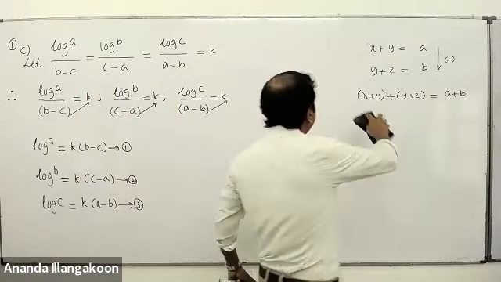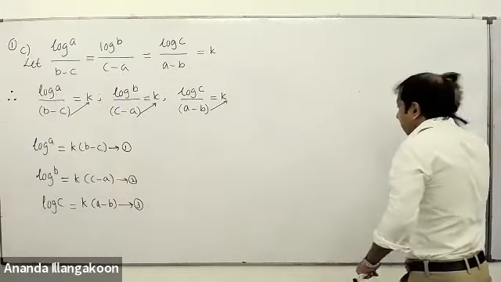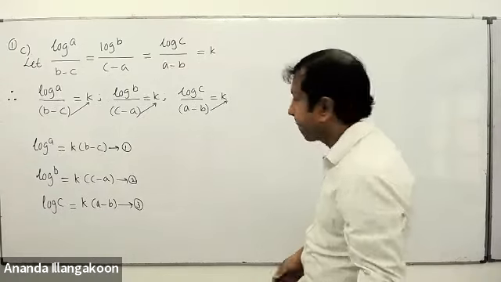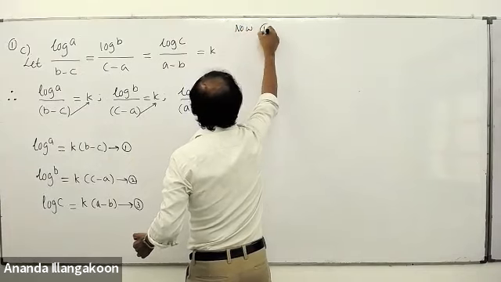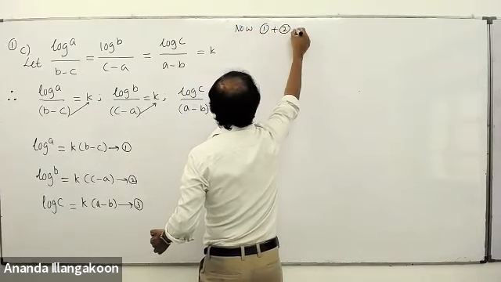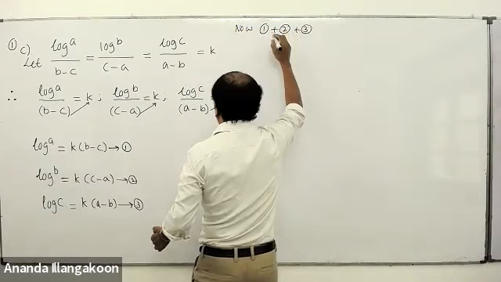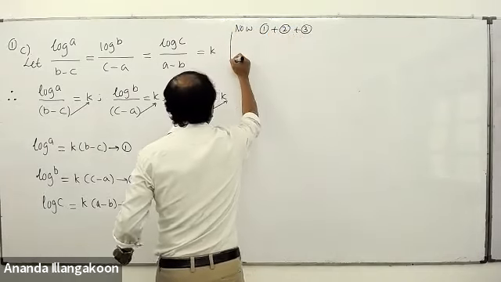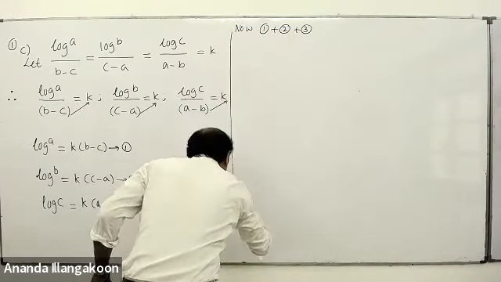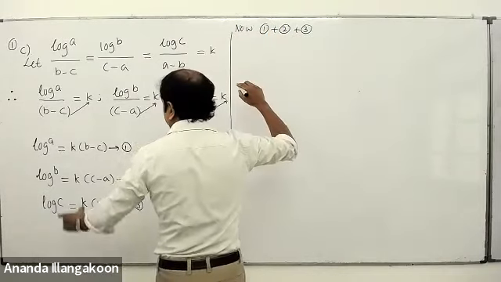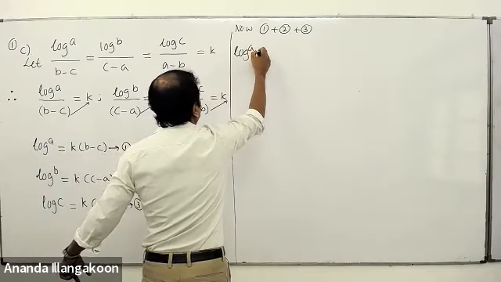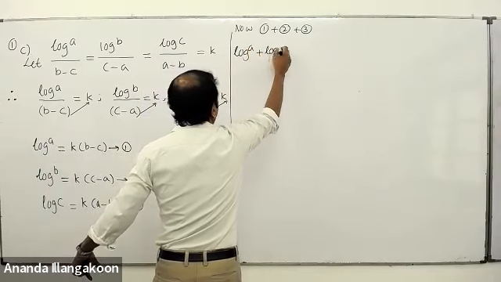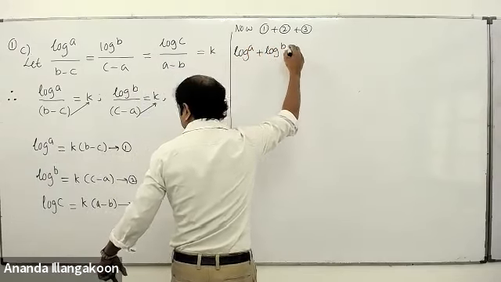Let's simply write down like this. Now 1 plus 2 plus 3, this 3 we have to add: log a plus log b plus log c.